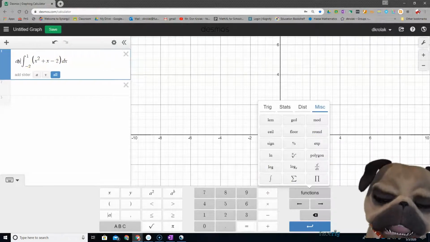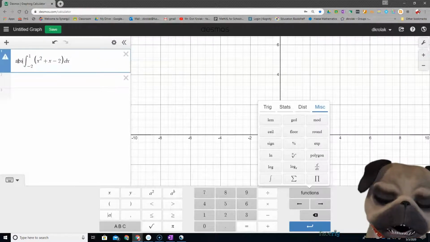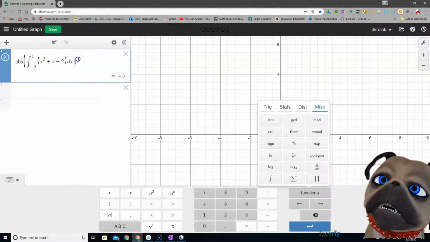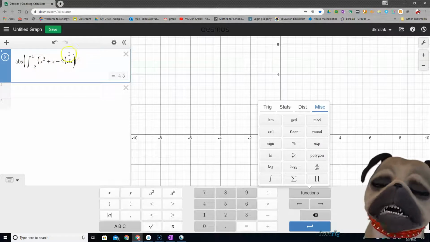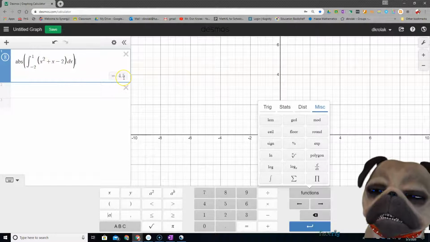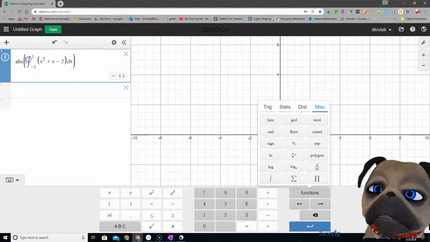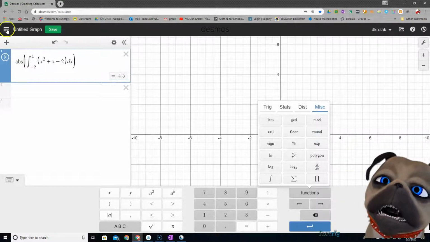Let's see. ABS. Yeah. ABS just does the absolute value. So now that's area. If it's a negative value, it'll make it positive.